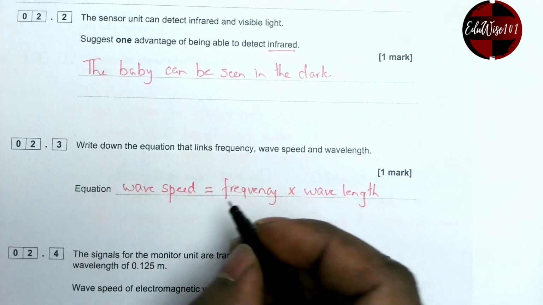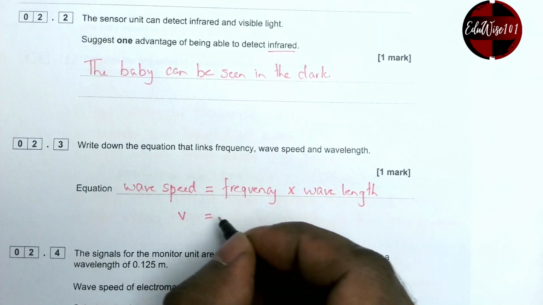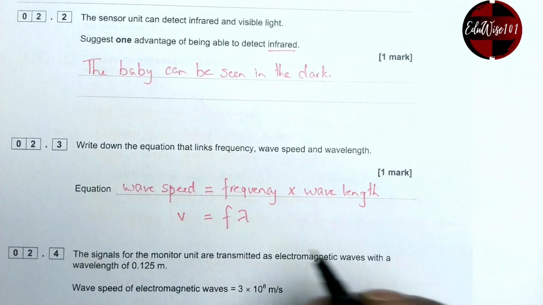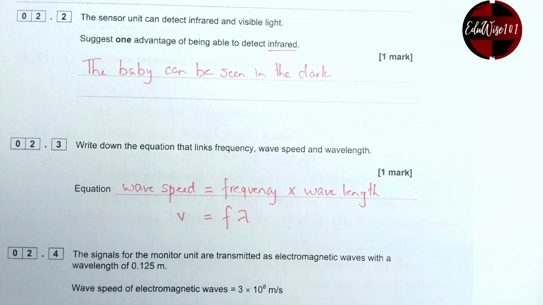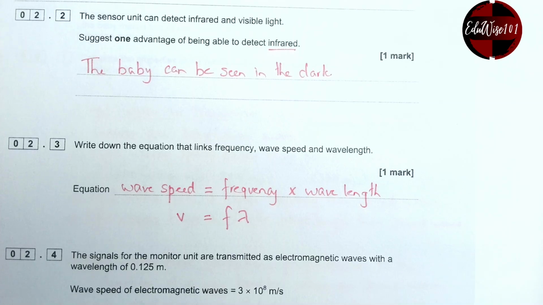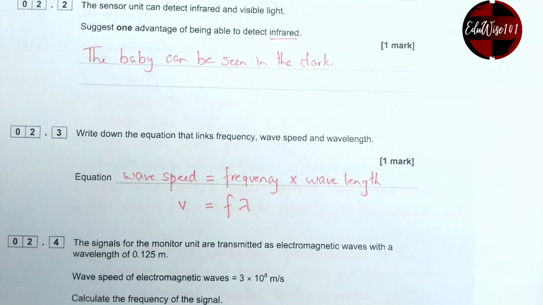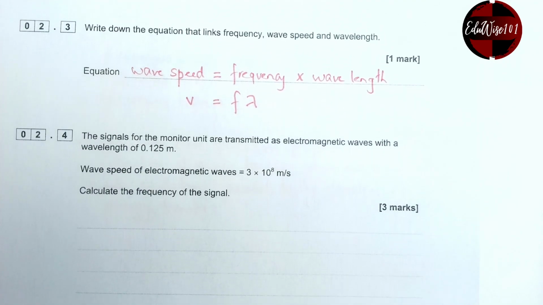You can also write the symbol equation as well. Wave speed is V equals F lambda. Remember, the symbol for wave speed is V, not S, that you would normally use in key stage 3, as in speed equals distance over time. So you would write it as S equals D over T. You don't write it like this over here. You have to use the correct symbols to get the correct marks.